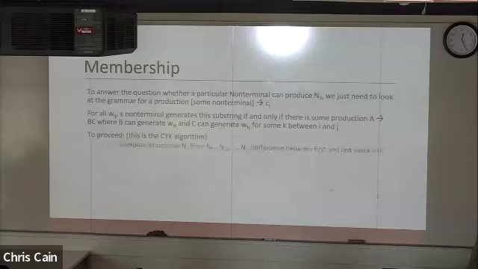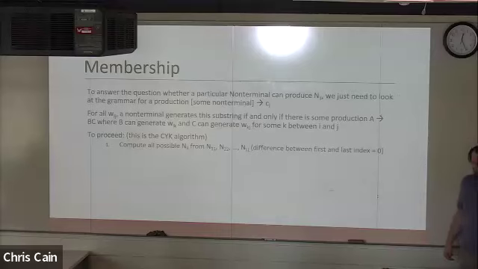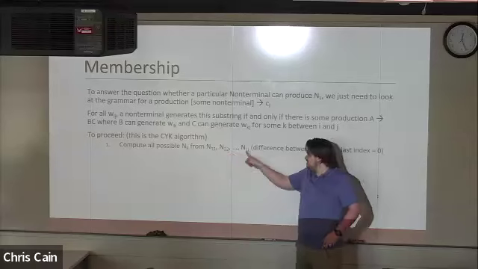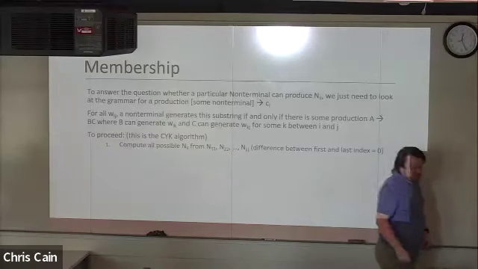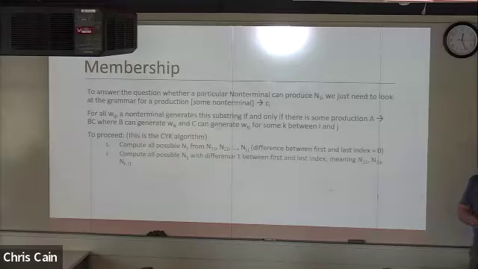So we proceed. Step one is computing all capital N I I, so all single character substrings. So this will look at the first character, the second character, up to the length of the string's character. After you have all of that, we're going to look at substrings of length 2.